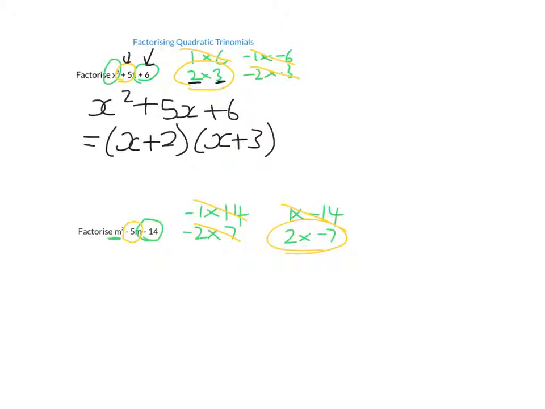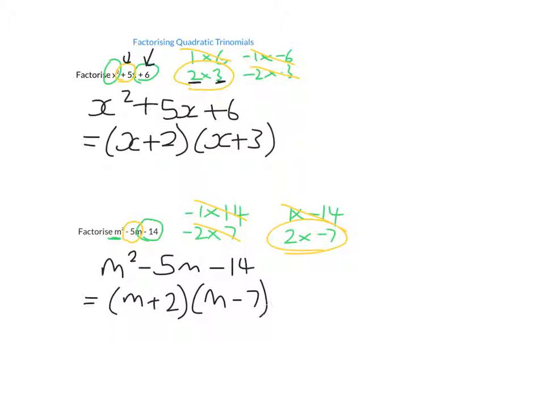So that means that m squared take 5m take 14 will be equal to m plus 2 and m minus 7. So the 2 comes from here and the minus 7 comes from here.